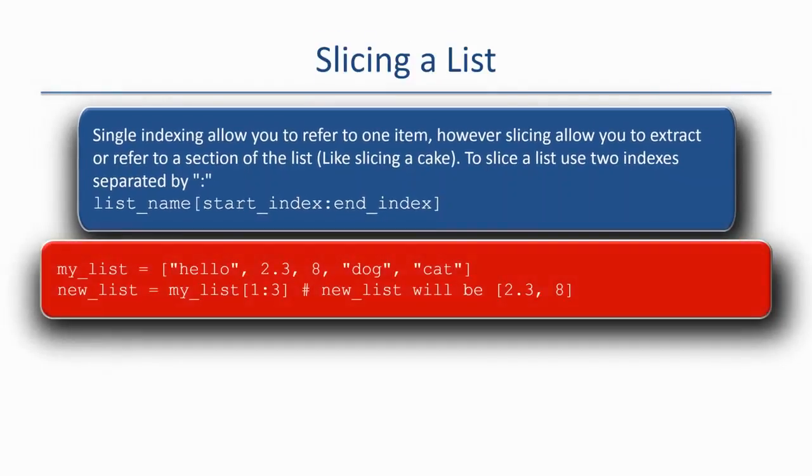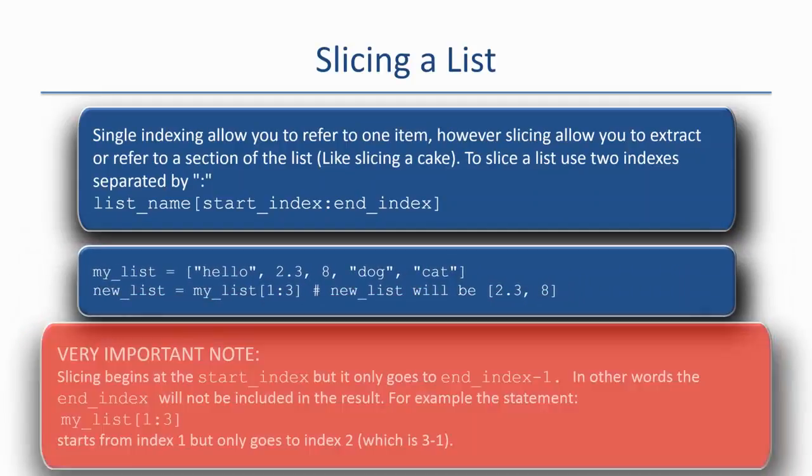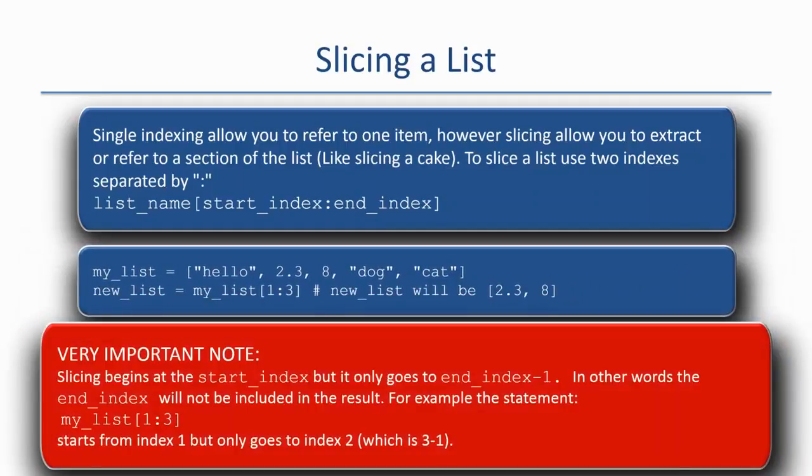Here is an example. Again, I created my list with 5 elements, and then I'm going to extract a section of it, which is slicing from 1:3. And the new value of the list would be 2.3 and 8. It is very important that you note that slicing begins at the start index, but it only goes to the end index minus 1.